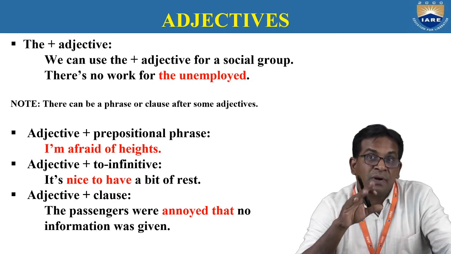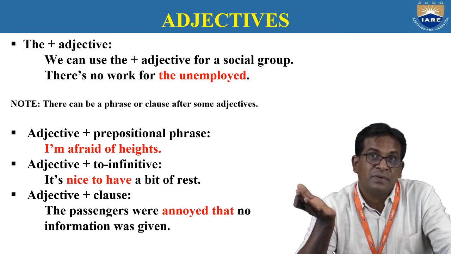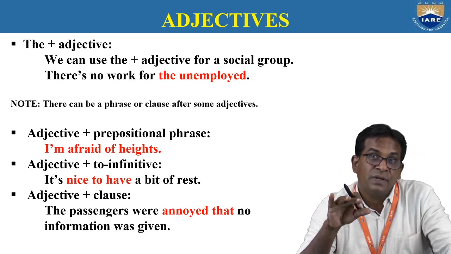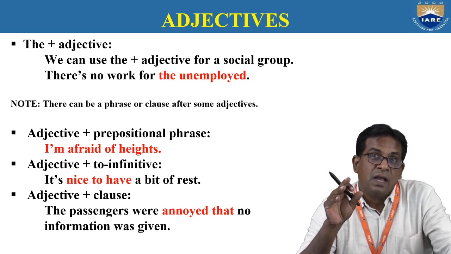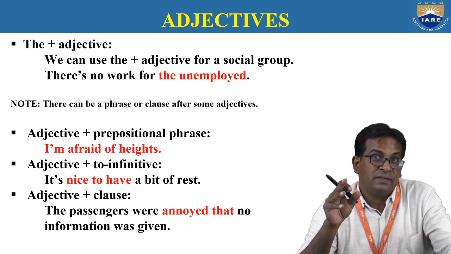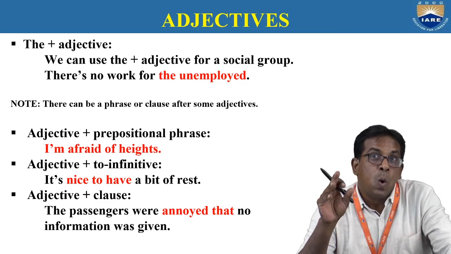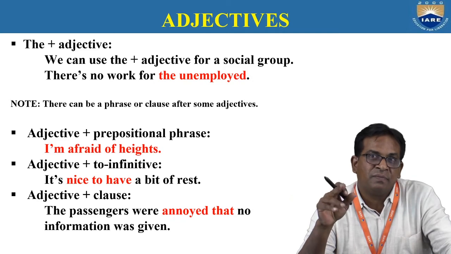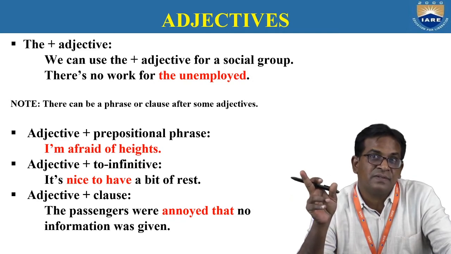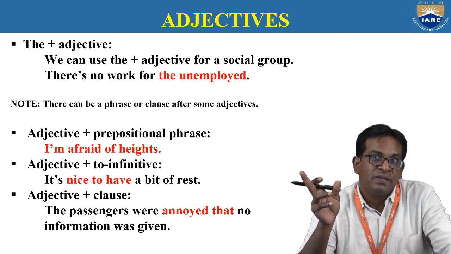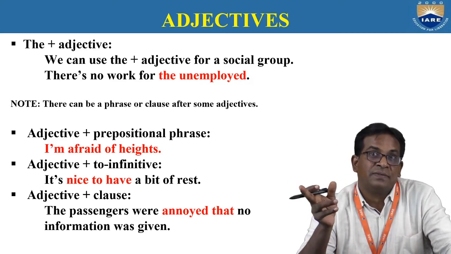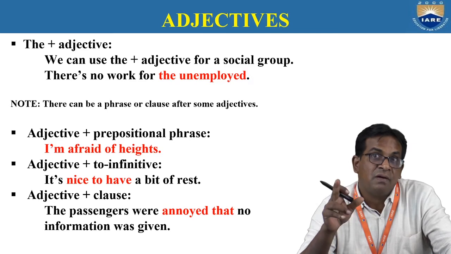An adjective and a prepositional phrase also. See the combination, how the adjective is placed and how the phrases are. I'm afraid of heights. Afraid, okay, fine. Of heights is a prepositional phrase. So, an adjective plus a prepositional phrase.